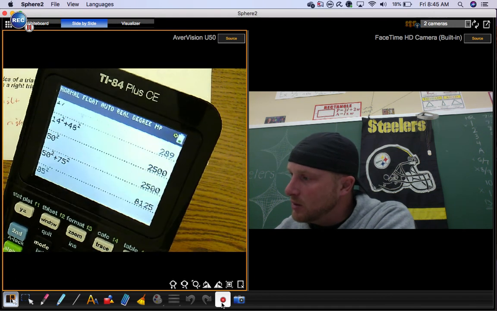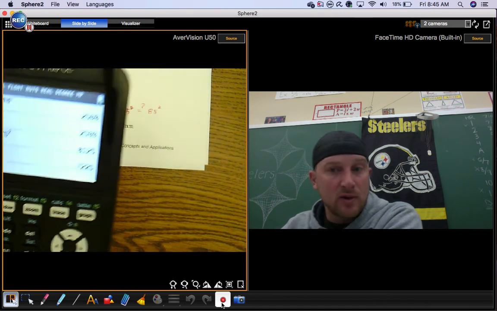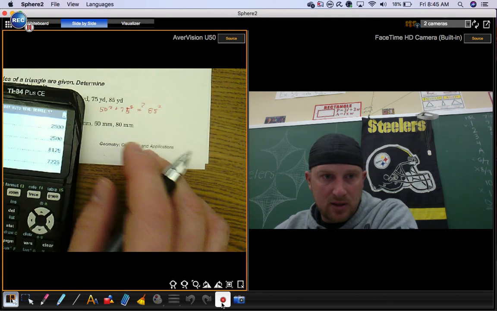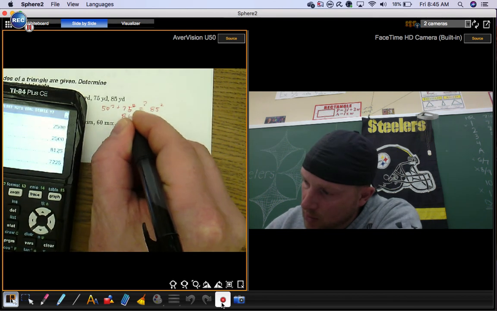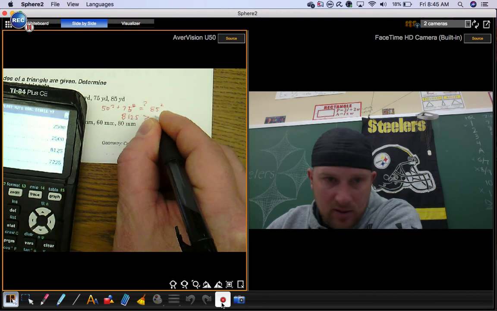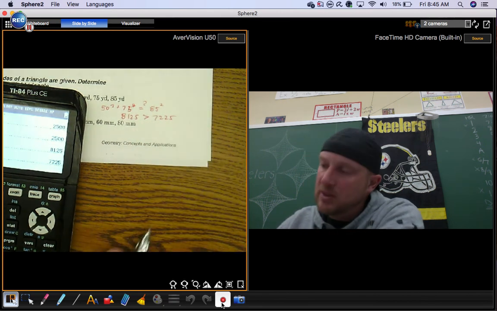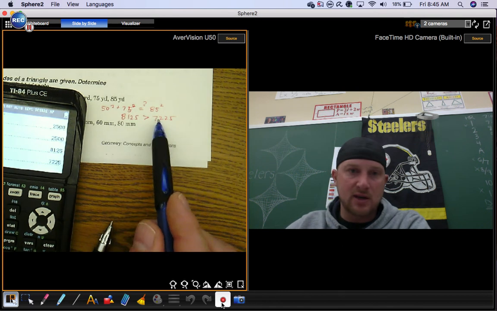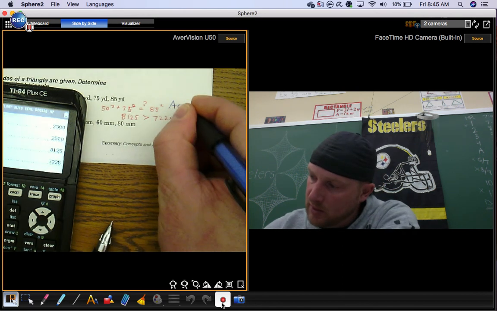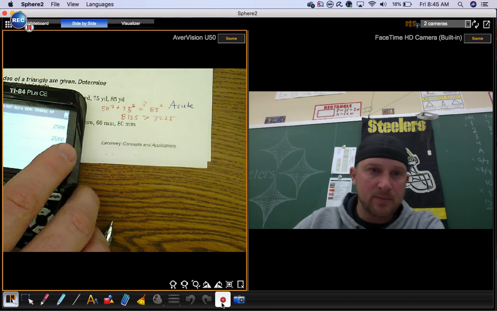What's 85 squared? That's a big number too, but it's not quite as big. So that 8125 is bigger than 7225. What does that mean about the triangle? If this left side is bigger, it's acute. And that's the example I've been looking for here.